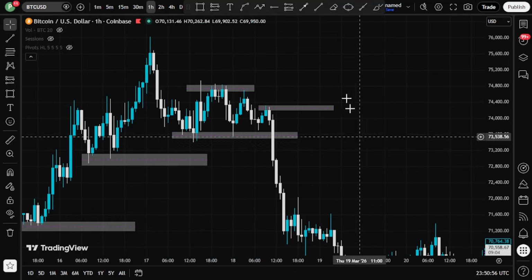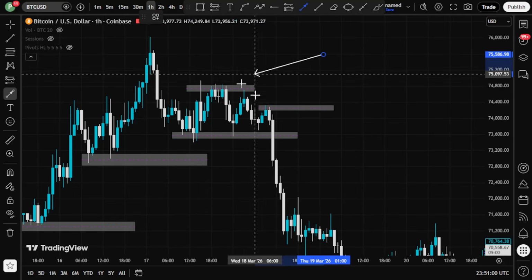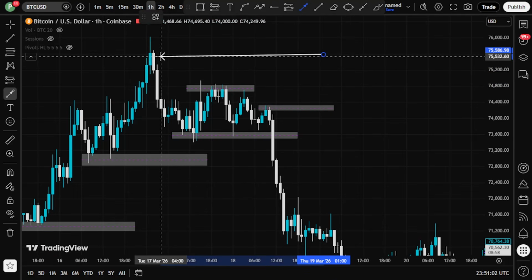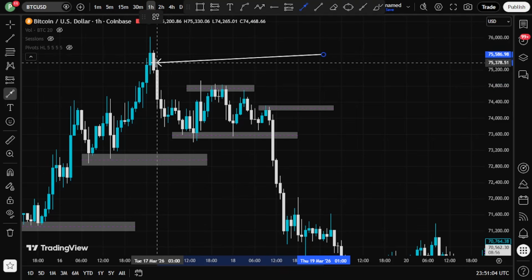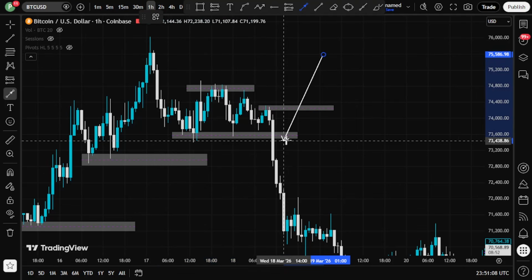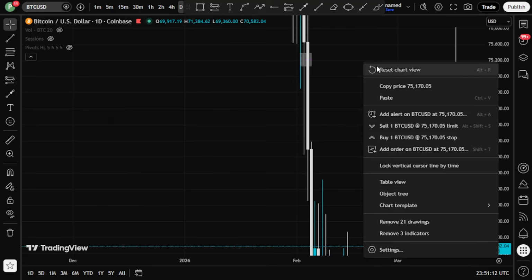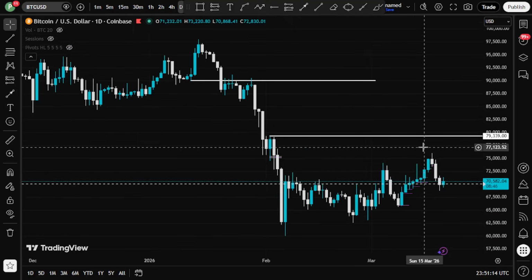So because we have 1, 2, 3 lower highs before the most recent lower high, you can see that when price broke the support level, we could have sold for that daily correction that we're expecting here.